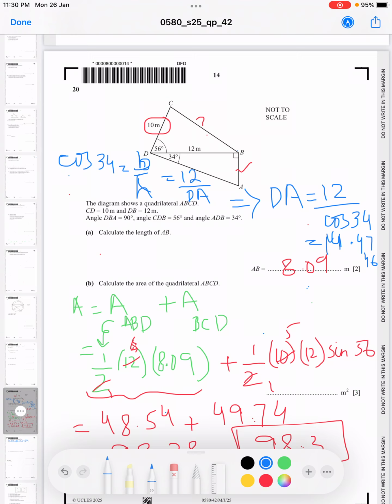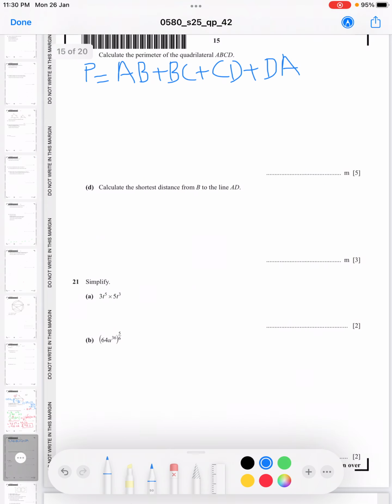I am just writing the quantities that we calculated, right? So the first one is AB, and it is 8.09. BC is not calculated yet. Okay, we'll take some time. I am just making some space for that one.